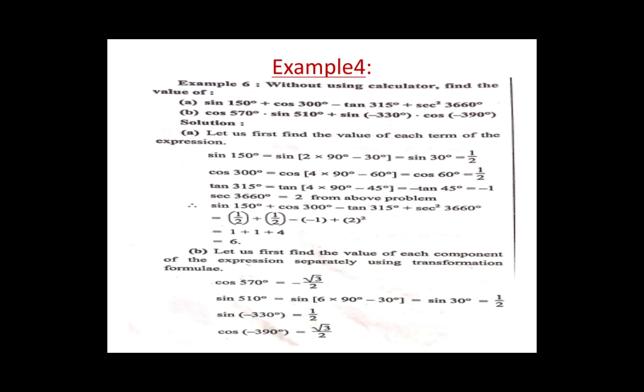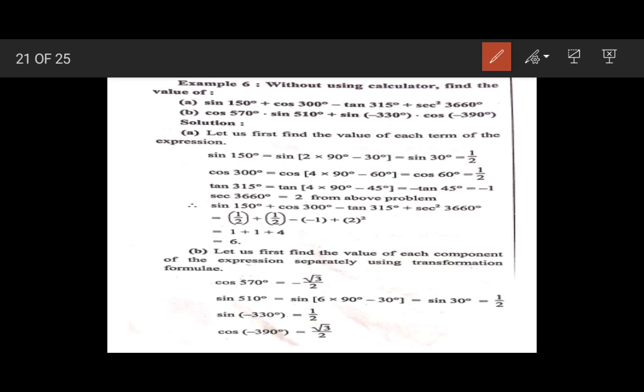So now after getting all the values we have to substitute the values. So sin 150 degree is 1 upon 2 plus cos 300 is 1 upon 2 minus tan 315 degrees, minus 1, plus sec square 3660 degrees, 2, so 2 square.